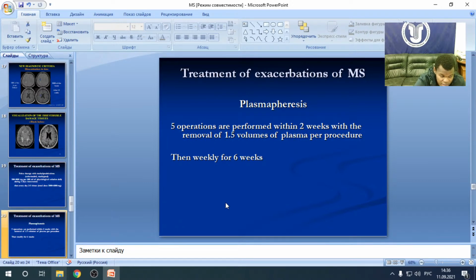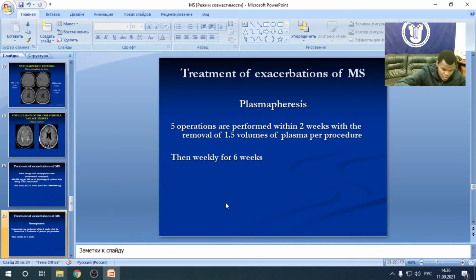You have plasmapheresis. 5 operations are performed within 2 weeks with the removal of 1.5 volumes of plasma per procedure. Then weekly for 6 weeks, right? Plasmapheresis means you connect the patient to a device through which the blood goes, right? This is called plasmapheresis.